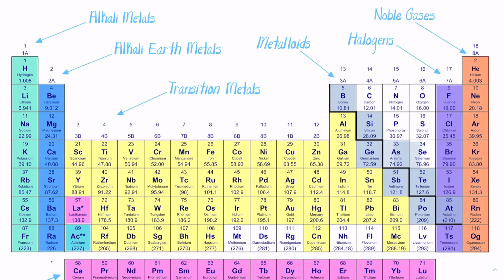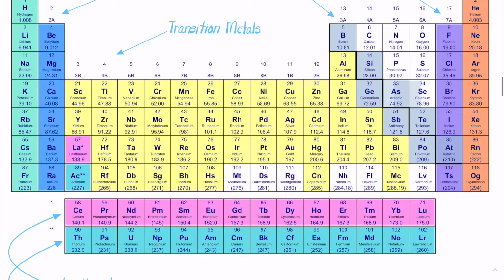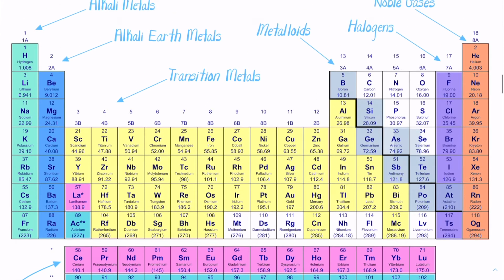Metals are obviously found on the left and in the middle of the periodic table, and below with the lanthanides and actinides. That's just for space reasons. And then on the right, we have the nonmetals and the metalloids. The metalloids obviously form the staircase, highlighted in this light blue color, and nonmetals are found over here to the right.